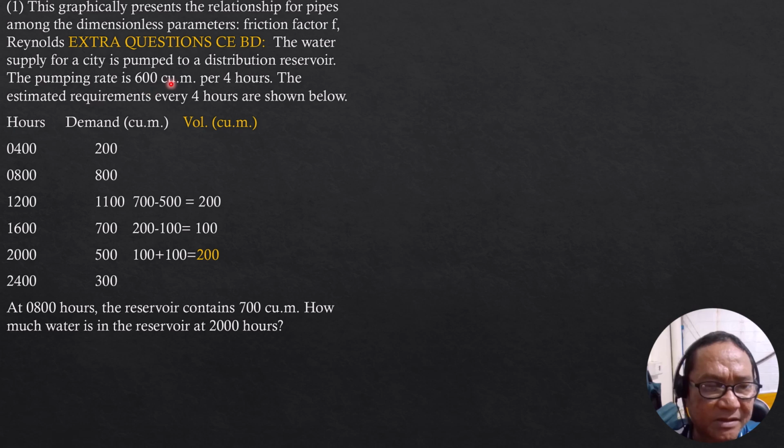The source of the reservoir should be the excess pumping rate. So 600 minus 500, 100. So the reservoir content will be increased by 100. So 100 plus 100 is 200 cubic meters. So at the 20th hour, or at 8 p.m., the reservoir contains 200 cubic meters.